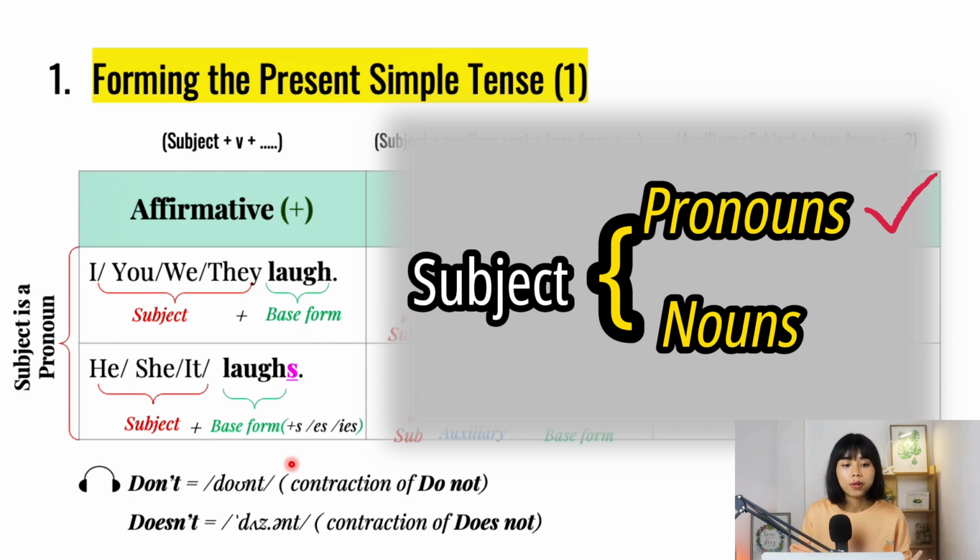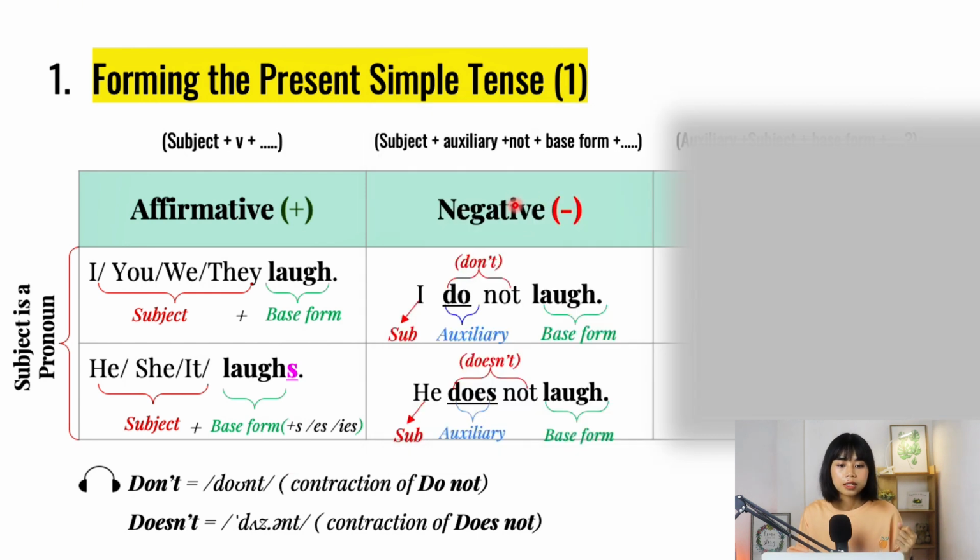Alright, we are done with the positive form, so let's move on to the negative one. Basically, we need an auxiliary verb to form the negative sentence. So the basic structure is subject plus an auxiliary verb plus not and a base form.